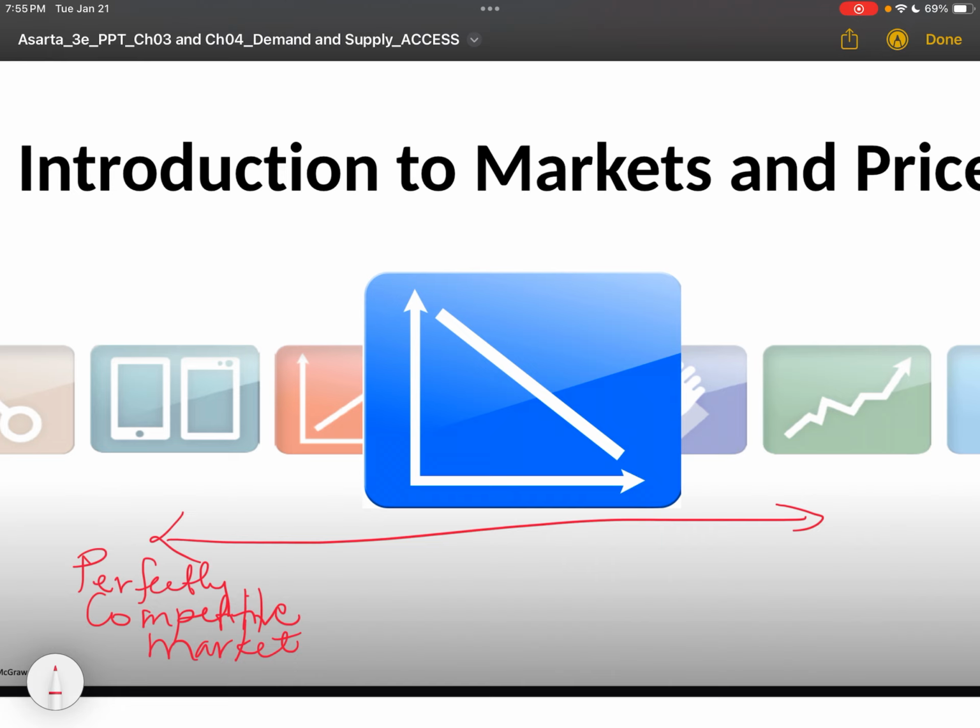Okay, perfectly competitive markets. And on the other end, we have monopoly. You have heard of monopoly. Say if you've taken macro, you've heard of these too, possibly. Now, in the middle, we have 2 other markets. I'm not going to go into that now, but I want you to see where we are. So we are here right now. The demand and supply we are talking about rests on the shoulder of perfectly competitive markets. Okay? All right.